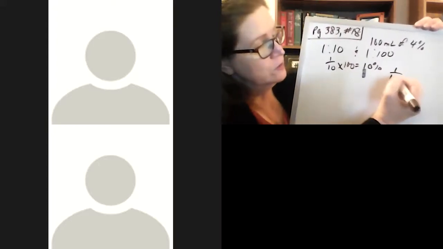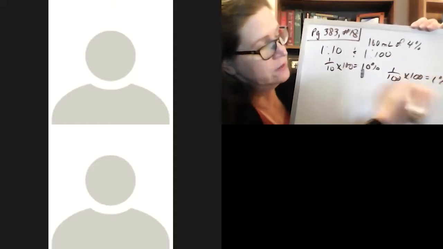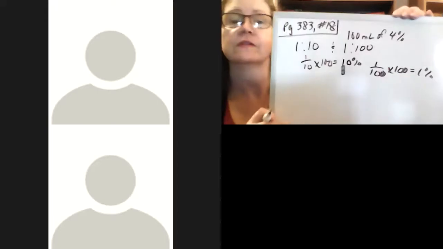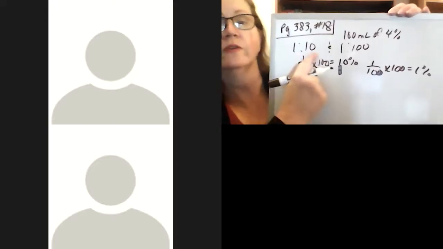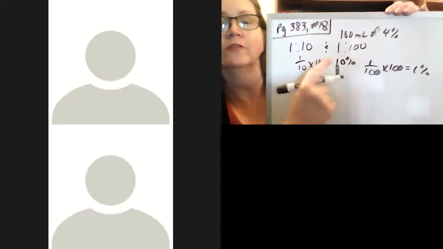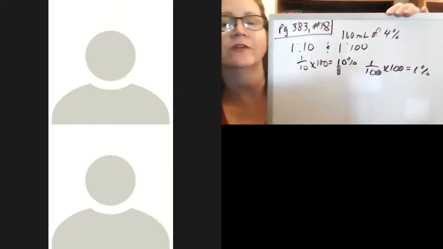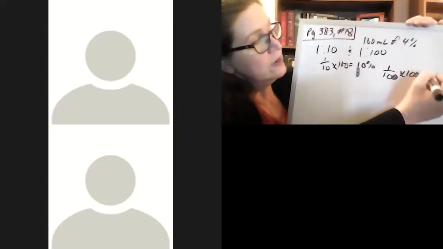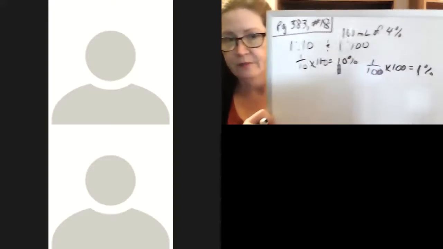And 1 over 100 times 100 is 1%, right? Because remember, the number on the left is your grams and the number on the right is your total milliliters. So you put the left over the right and then multiply it by 100. So I have 10% and 1%, and I want to end up with 4%, right?